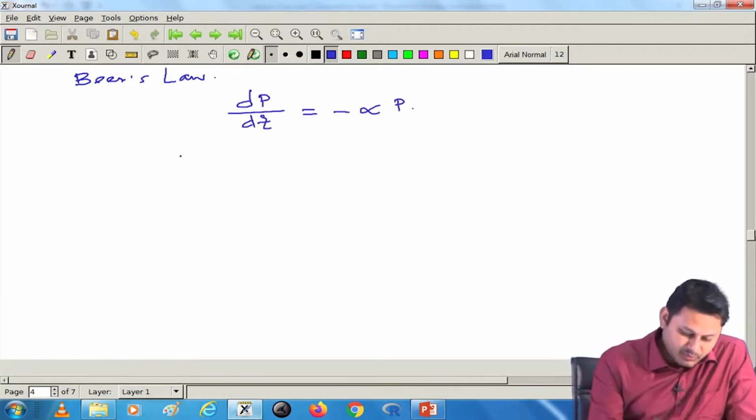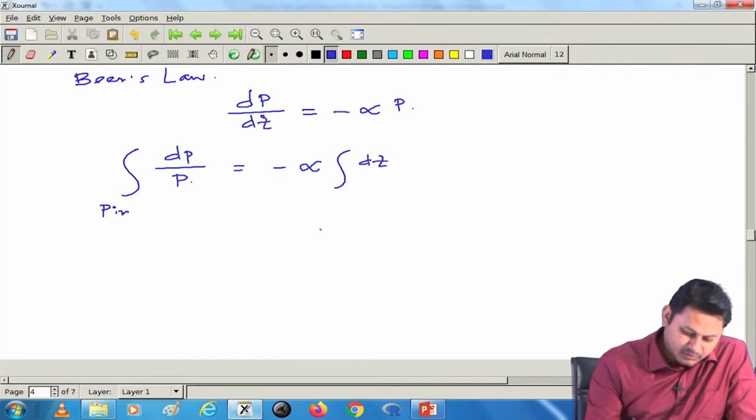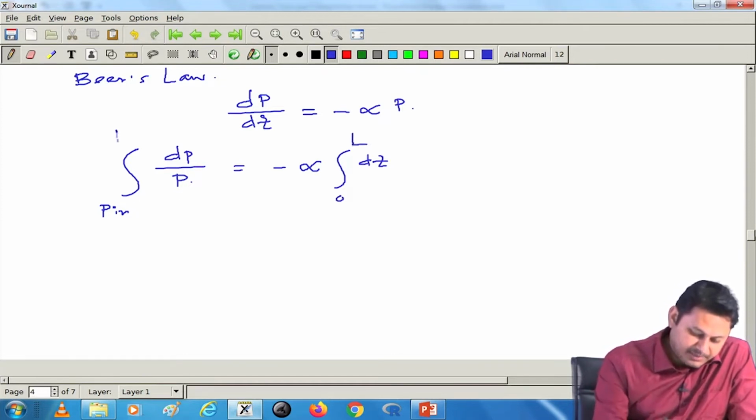Now, if I want to find alpha in terms of P, one can readily find it by integrating this quantity. This is P in. This quantity is minus alpha integration of dz. At z equal to 0, I have P in, and at z equal to some length L, I have P out.